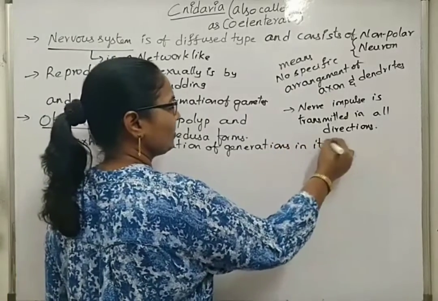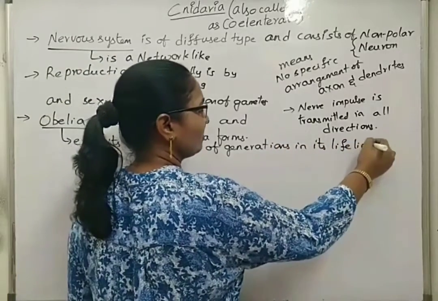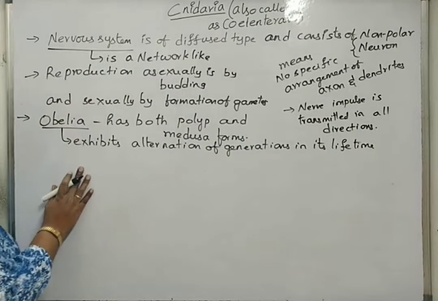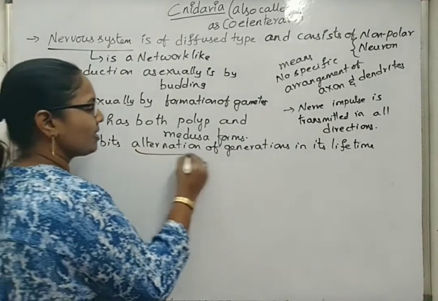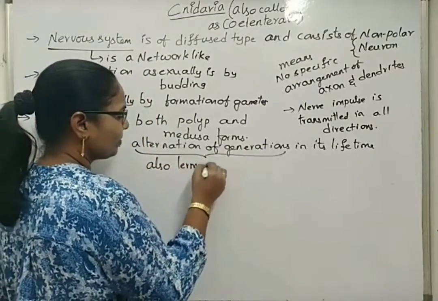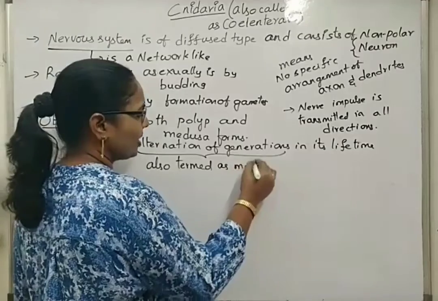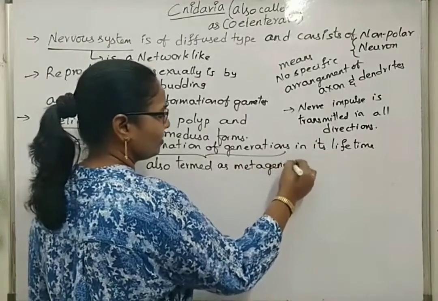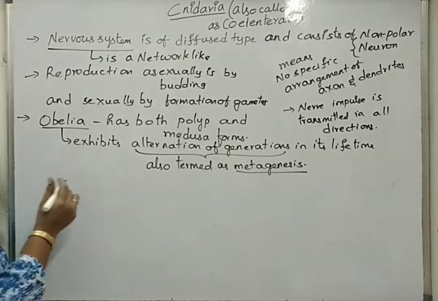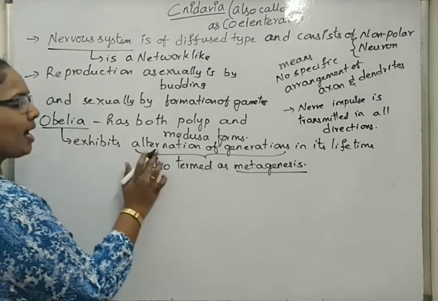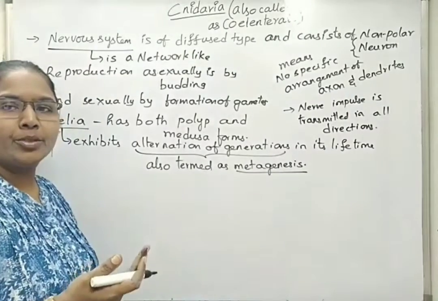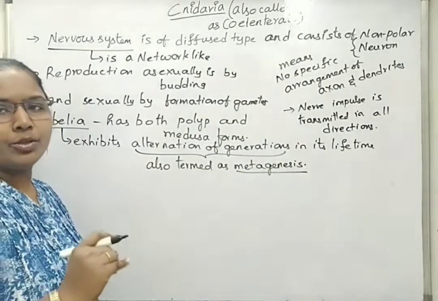So this alternation of generations is also termed as metagenesis. So here we have written it exhibits alternation of generations. Means sometimes polyp is converted into Medusa and Medusa form is converted into polyp.